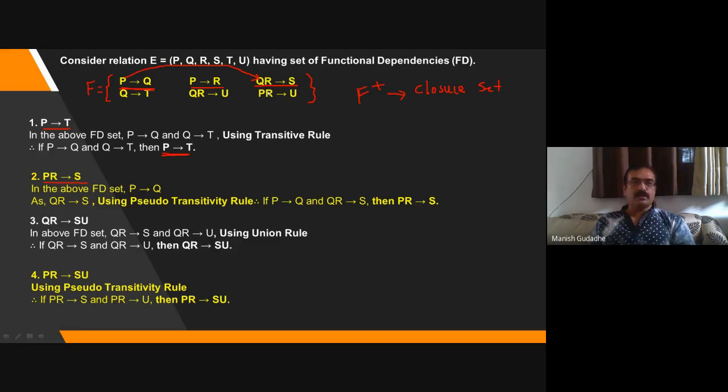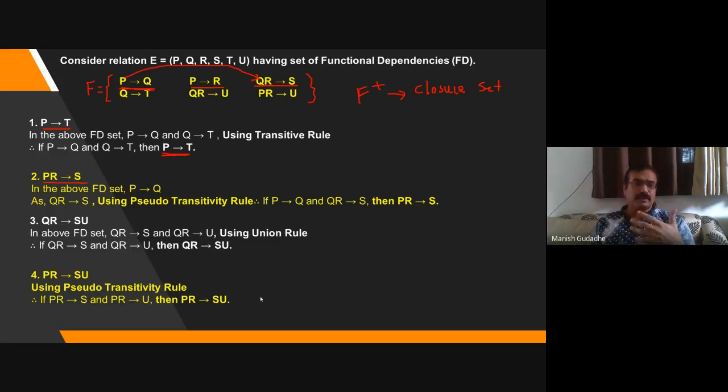PR determines U is already in existence, so PR determines SU. It is a pseudo transitivity rule plus union rule together. Likewise we can go on calculating the FDs.